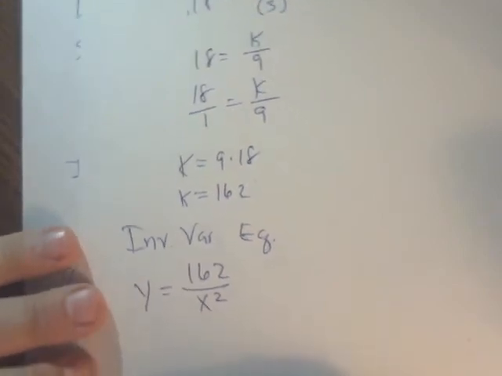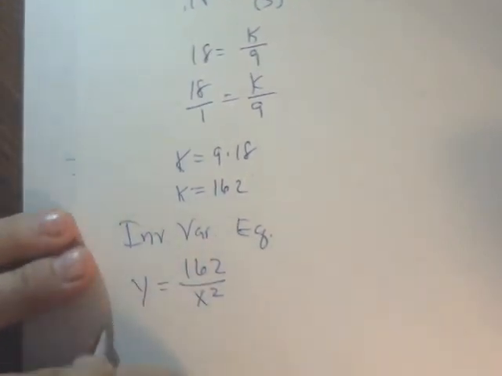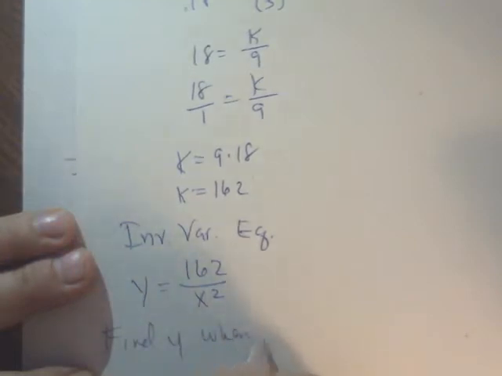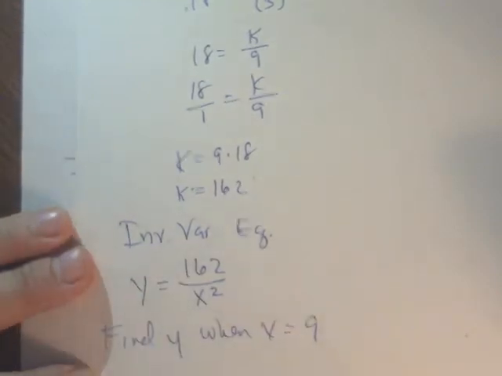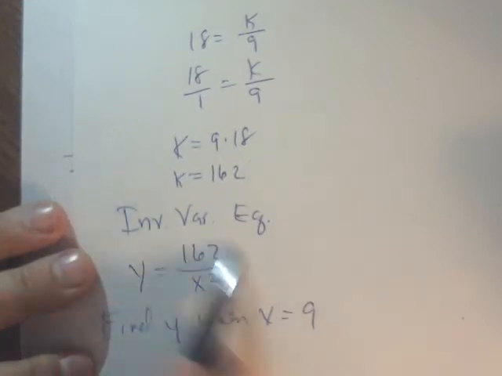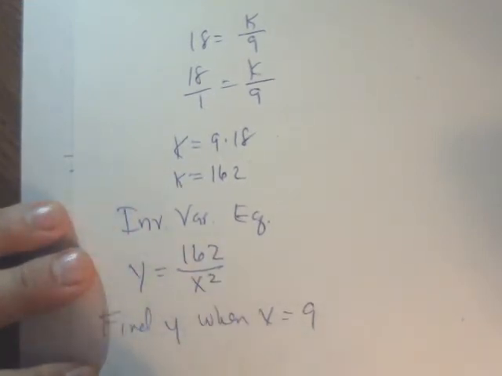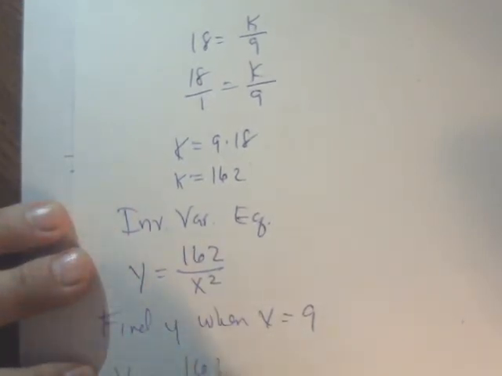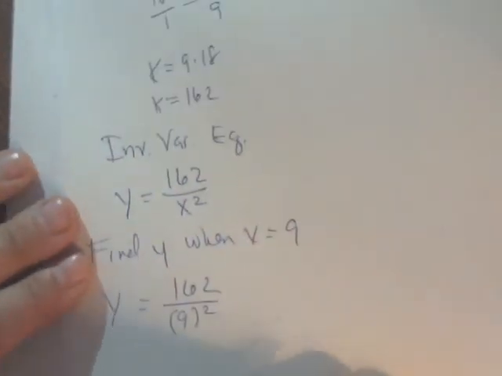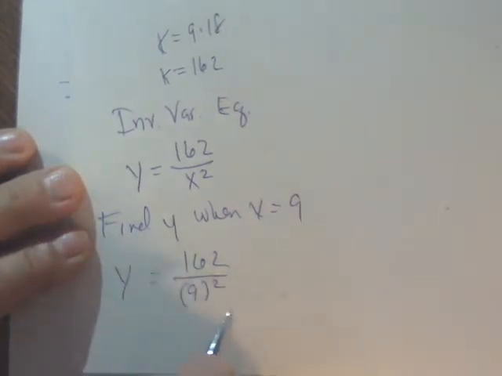So part of your question may be to find y when x is 9. Well, since you found your variation equation, y equals 162 over 9 squared. So just make sure you account for all your operations.